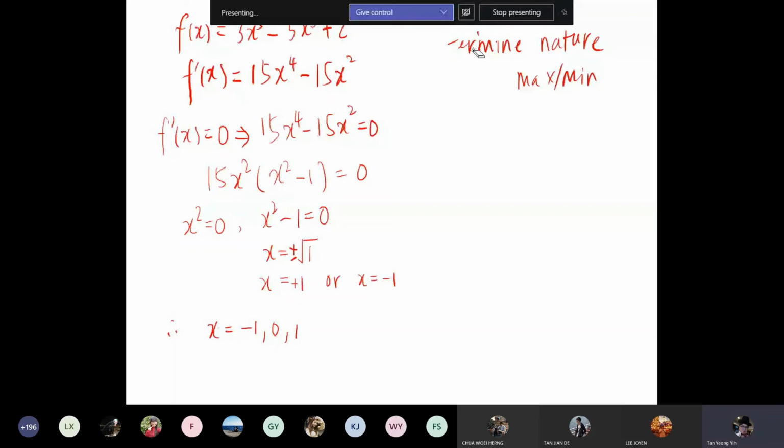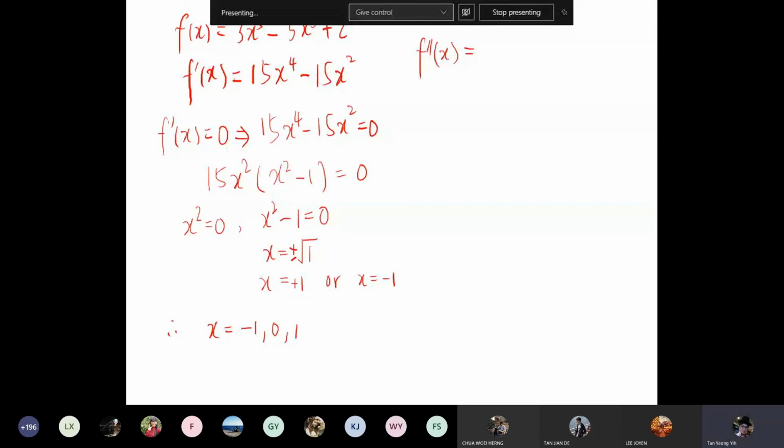So what are we going to use? We are going to use the second derivative test. Now here comes the second derivative test. We use the second derivative, second differentiation. So how to find this one? We are going to differentiate from here. Can you provide me the answer?